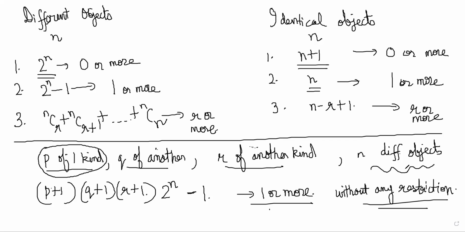You understand? At least 2 out of P. So I would do 2 or more out of P. So P minus 2 plus 1, so it would be P minus 1, into 3 at least out of Q, so Q minus 3 plus 1, so Q minus 2, and 1 or more of R, and no restrictions on this, 0 or more, so that would be 2 power n, right?